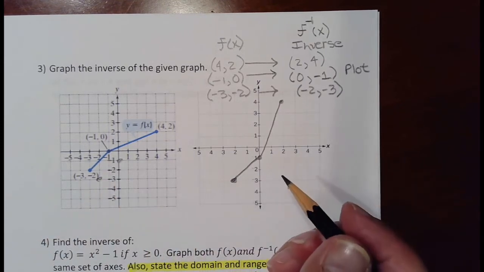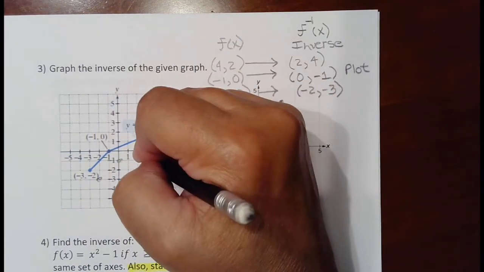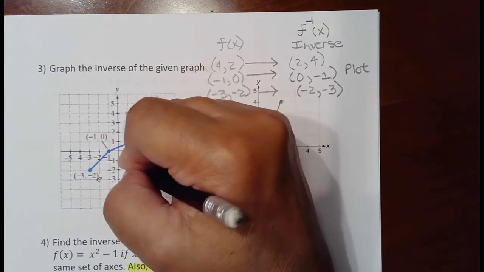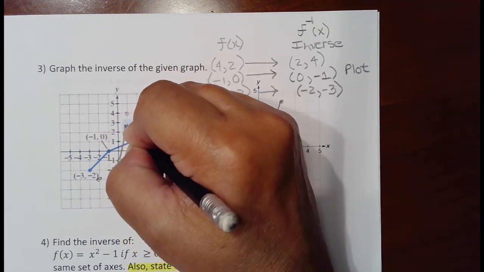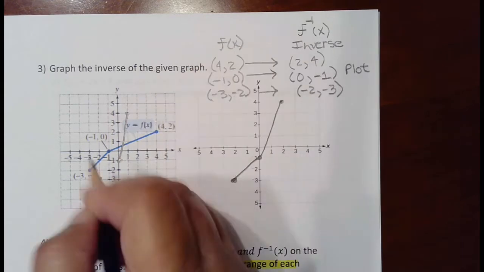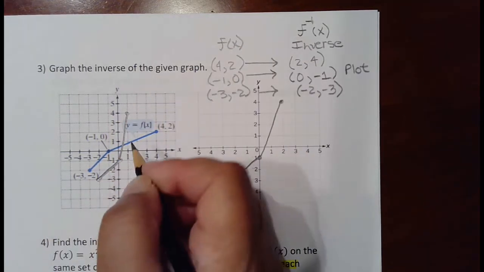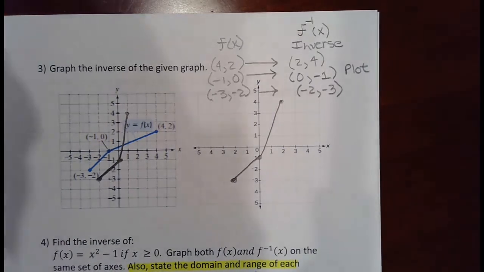So this line called y is equal to x, which again is a line that goes right through the origin, and it has a slope of 1. That line you should be able to draw right through the center of these two graphs, and you should have matching images.